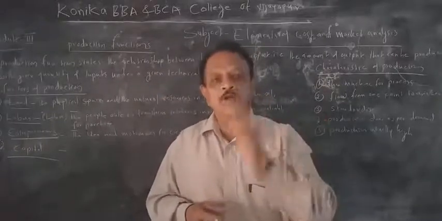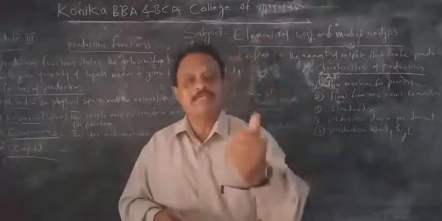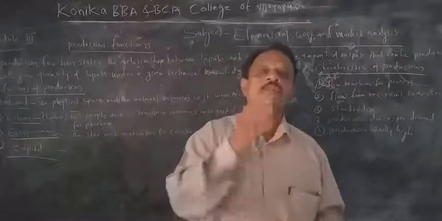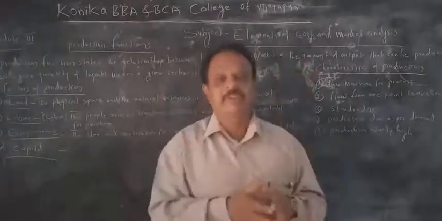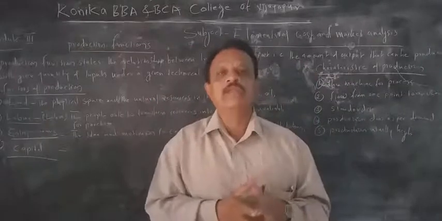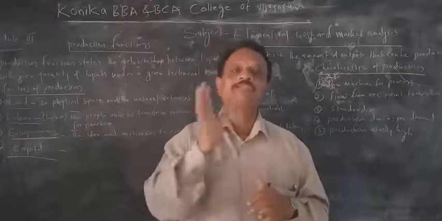Because if production is low, the cost will be more and the profit will be less. That is why every company starts with high production, keeps it in inventory or stock, and whenever the demand comes, they send it out. That is why production is always high.